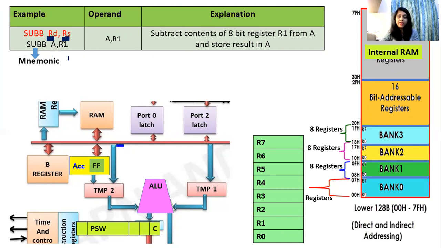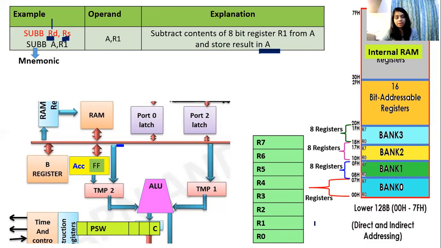But here it is always A minus R1. It is always destination minus source. Left hand side register minus. Remember in subtract instruction, it is always destination register minus source register. So subtract contents of 8-bit register R1 from contents of A and store the result in A.